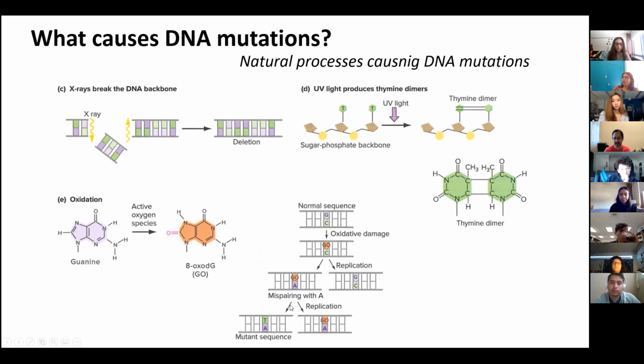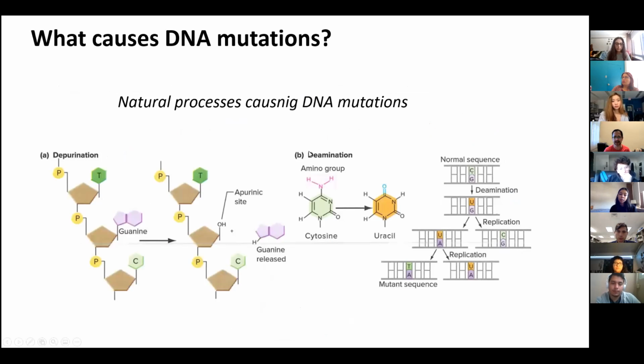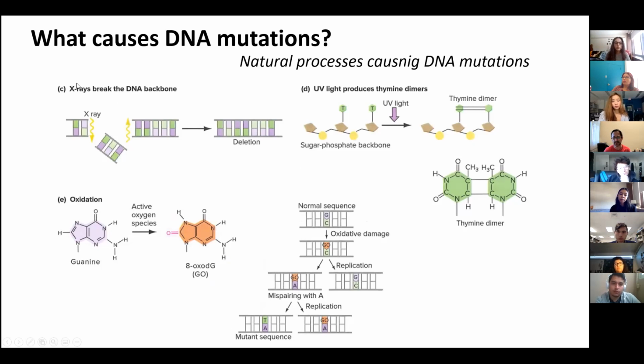And again, in the second round of replication, we're going to get an established mutant sequence here. So all these things happen naturally, well, not naturally, but the first, deamination and depurination, happen in our cells all the time.